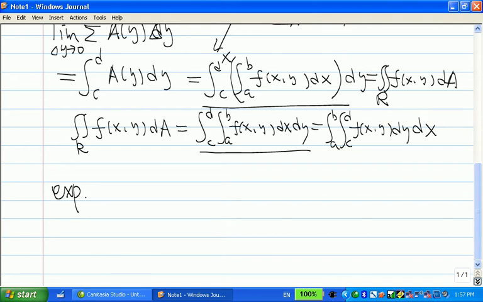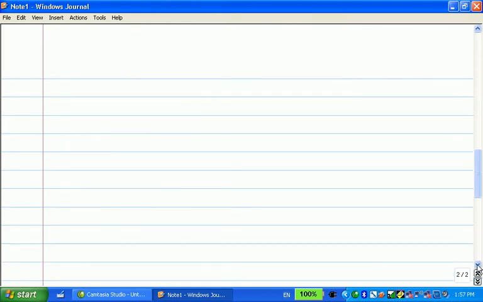Now we want to find the double integral over R of x... sorry, let me use a different one. I want to choose a domain that is not a square. Okay, now let's look at this one.